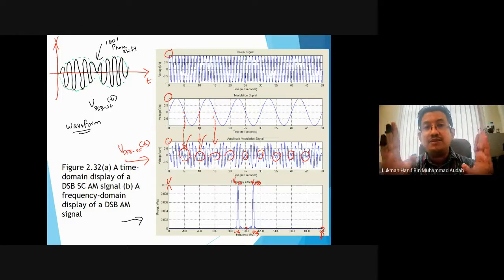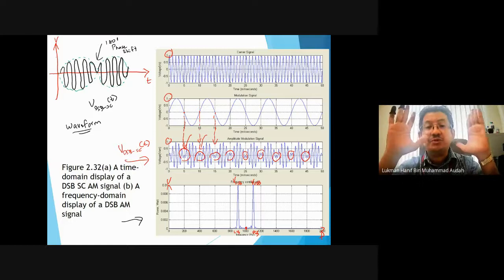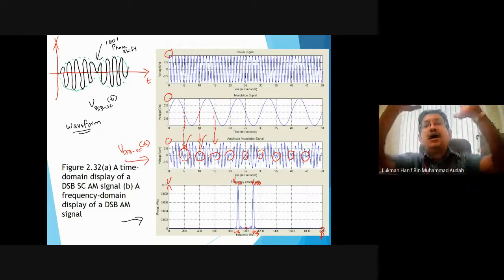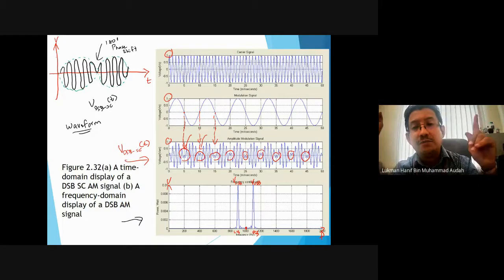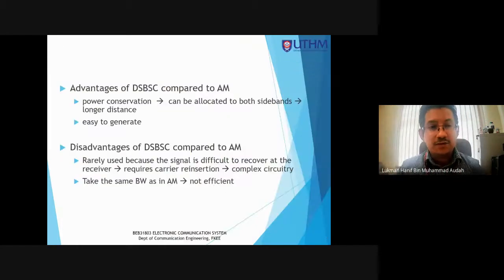Maka sideband akan menjadi lebih besar. Nanti you akan lihat secara teoretikalnya dia macam tu. When we suppress, we divide to the sidebands, both sidebands. So you're going to see later that both sidebands are higher compared to the double sideband full carrier. Nanti kita akan lihat. Okay.